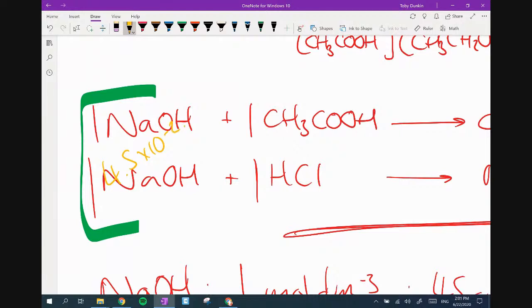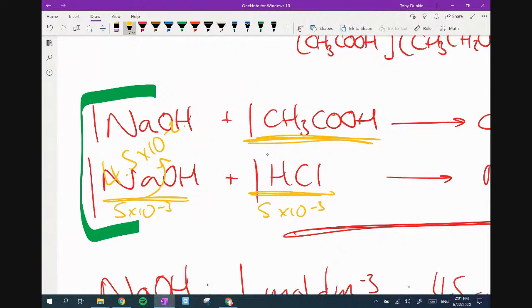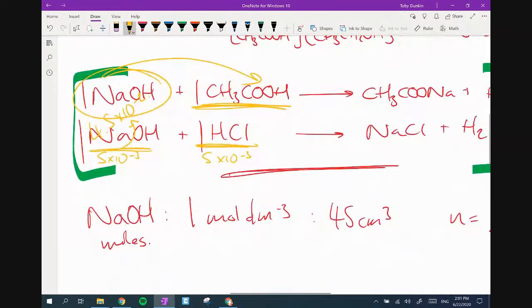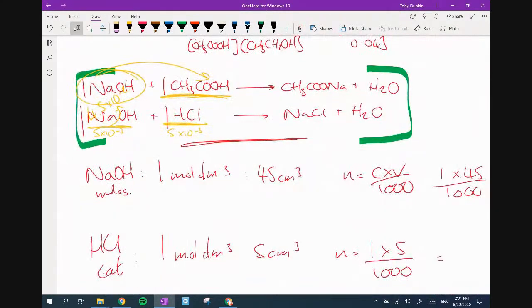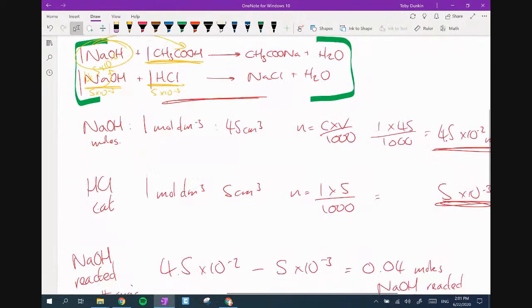And we realized that some of it's reacting with the HCl and some of it's reacting with the ethanoic acid. If we can work out the moles of hydrochloric acid, which was 5 times 10 to the minus 3, we realized that the moles of sodium hydroxide that reacted with it was 5 times 10 to the minus 3. Therefore, I can minus it from this to work out the amount that reacted with that. Does that make sense, Ivan? Give me a shout on the chat if you understand that now. It's why I gave you both equations so you can see it.